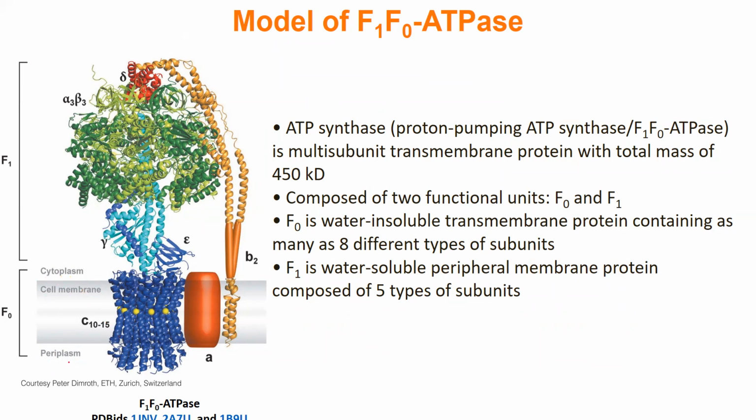But it's the same thing in humans, same thing in eukaryotes, same kind of structure. This thing is massive. Many different proteins coming together, 450 kilodaltons. Again, that's very, very heavy. There's basically 2 parts to this, F0 and F1.